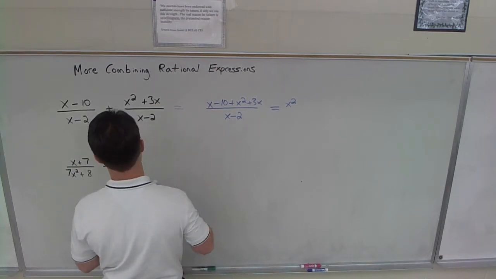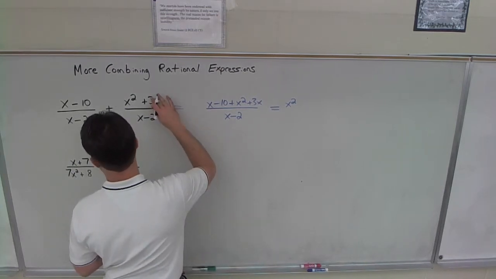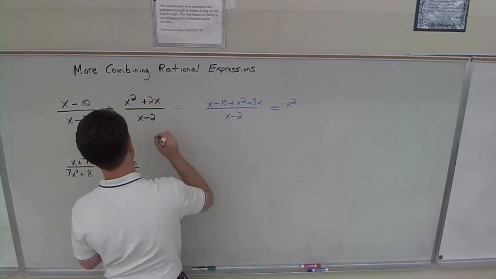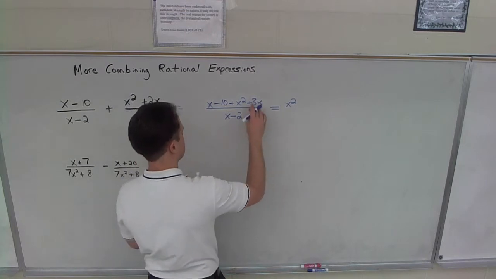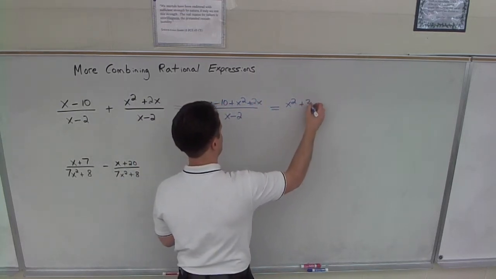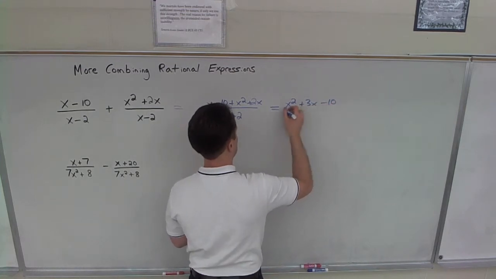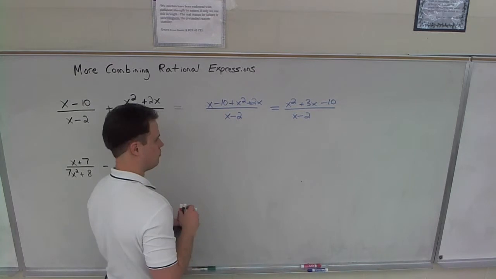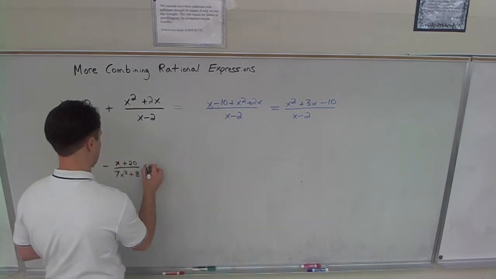Let's say we had 2x there instead. So 2x and x is 3x minus 10, and x minus 2 on the bottom. So there you go.